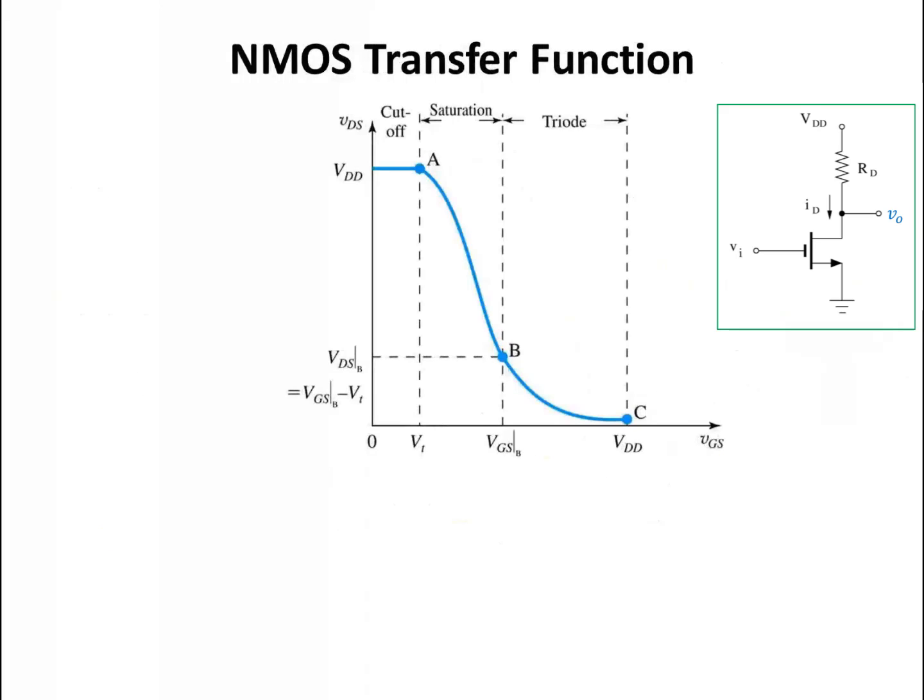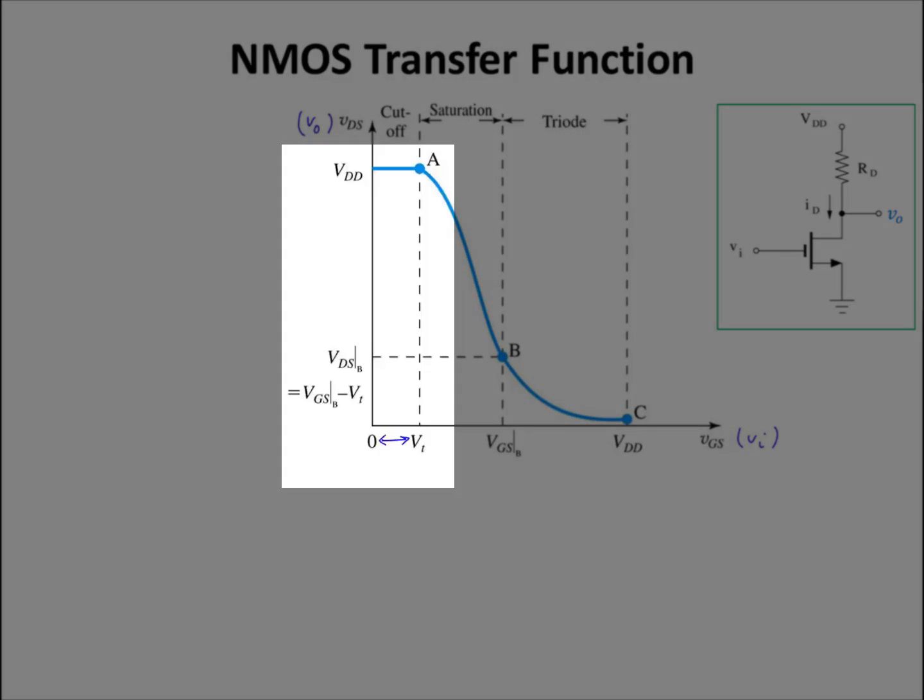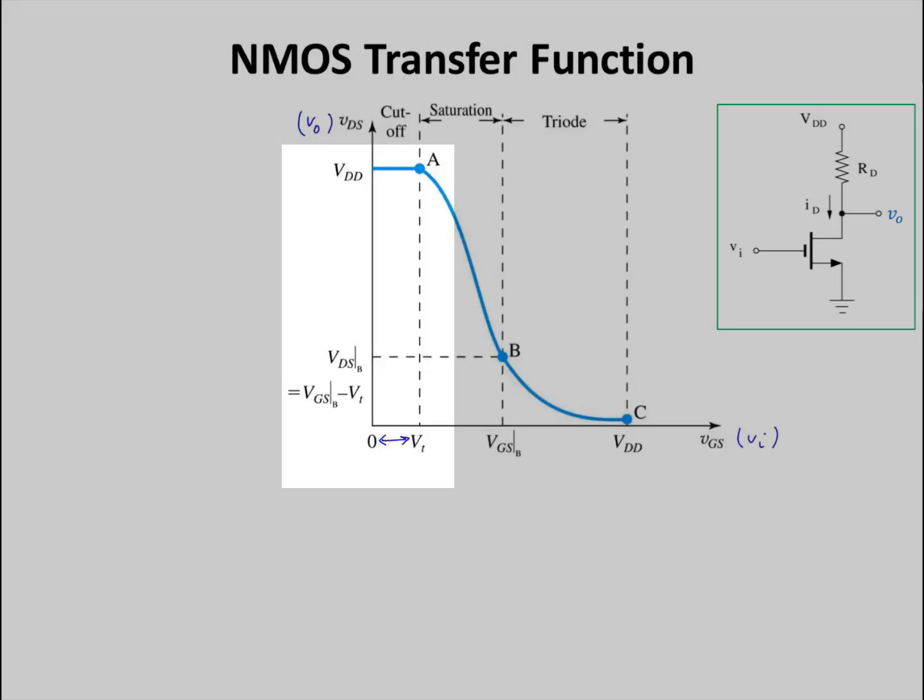So let's start with different values for VGS from 0 to VDD and see how the value of output voltage, or VDS, changes. This is the same as Vout and this is the same as Vi. For small values of Vi or VGS, when Vi is less than threshold voltage, I'm in this region.